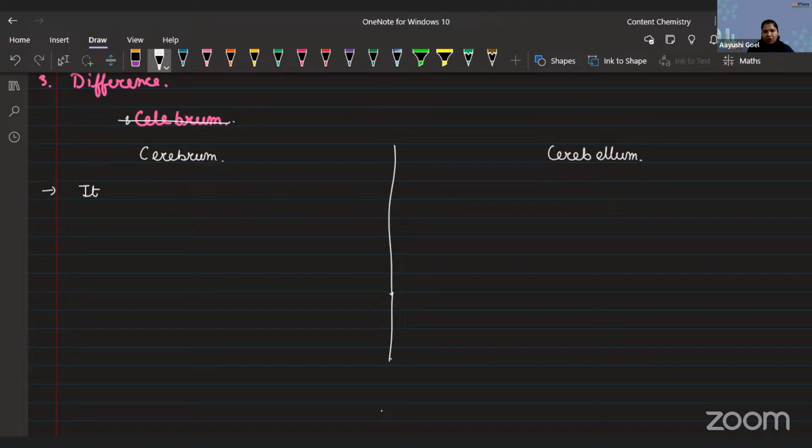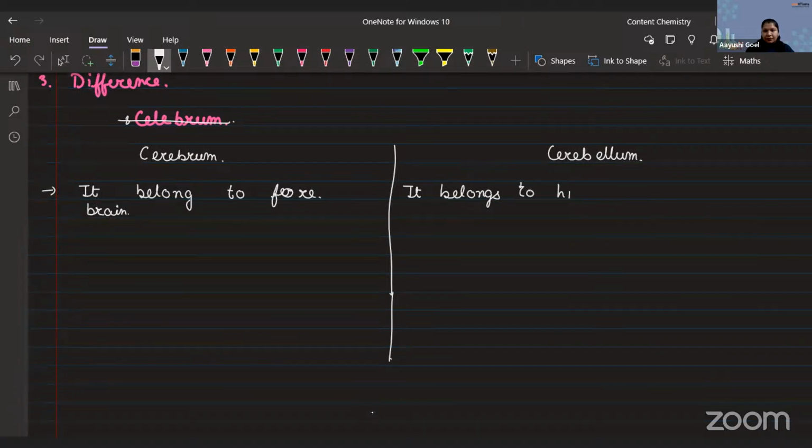It belongs to. I can write forebrain, and here, or I can say hindbrain.